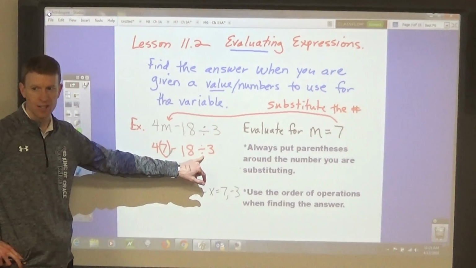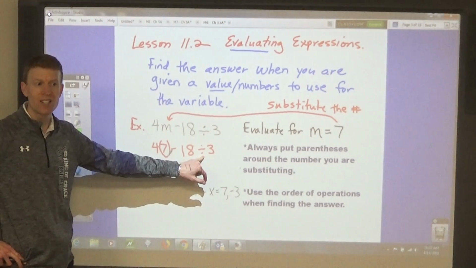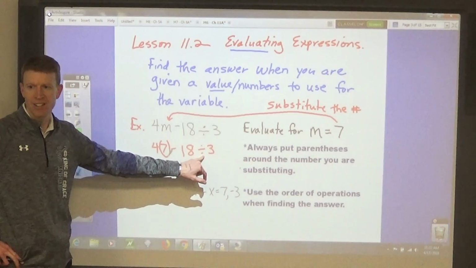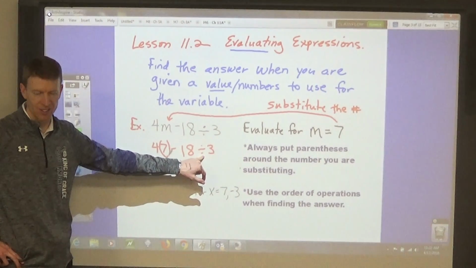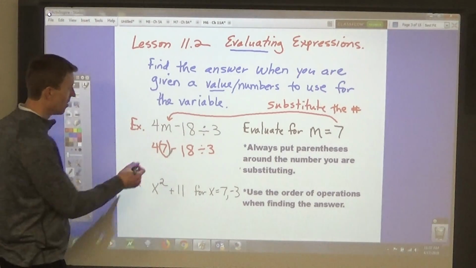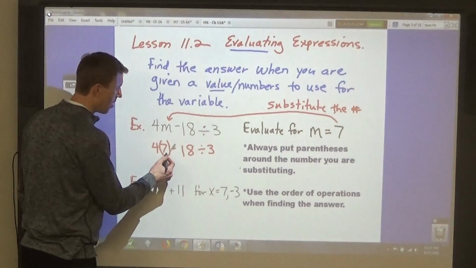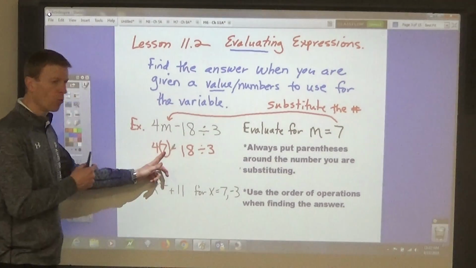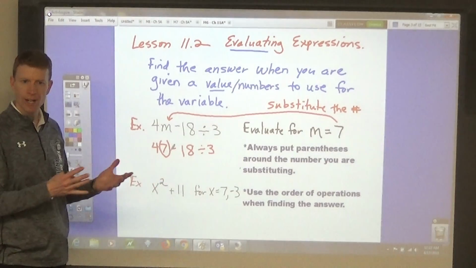Should we do that? What should we do instead? Use the order of operations. So we do parentheses first, but there's only one number in parentheses, so that's already simplified.